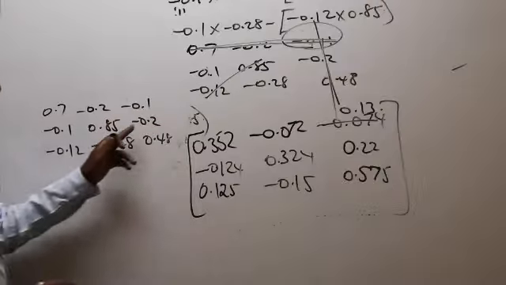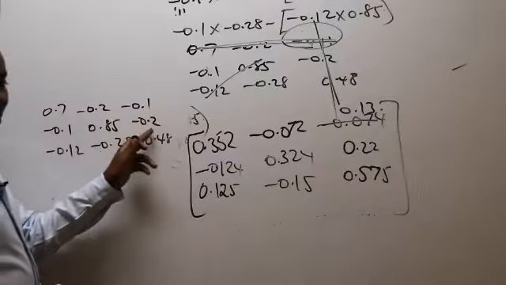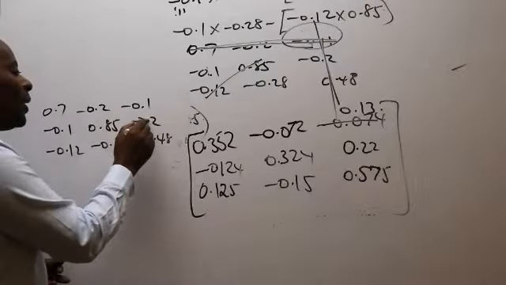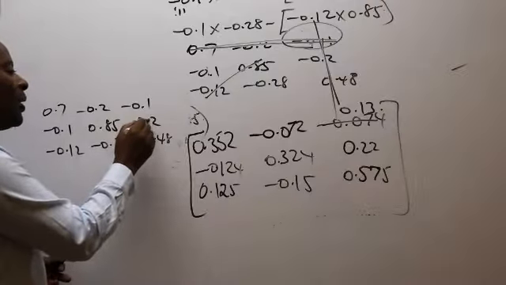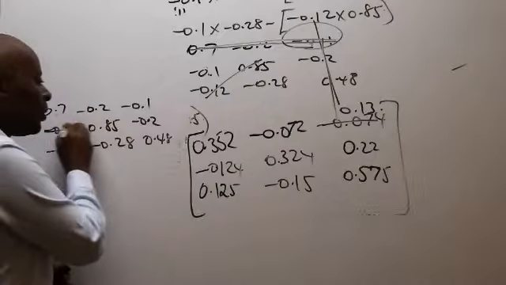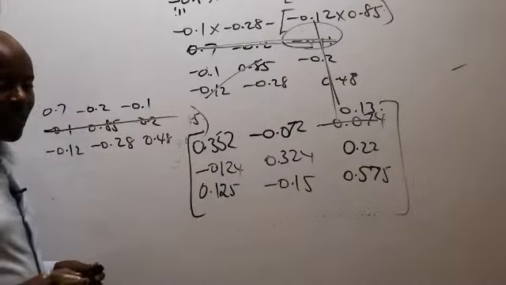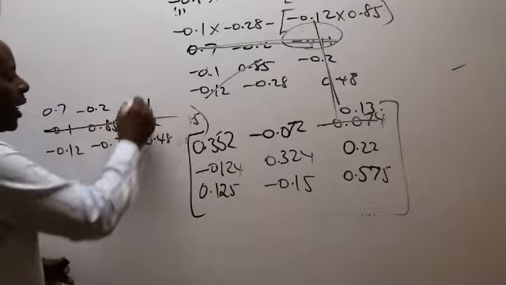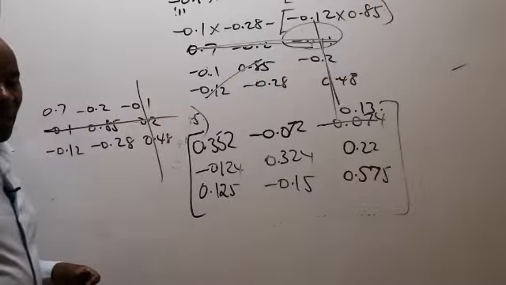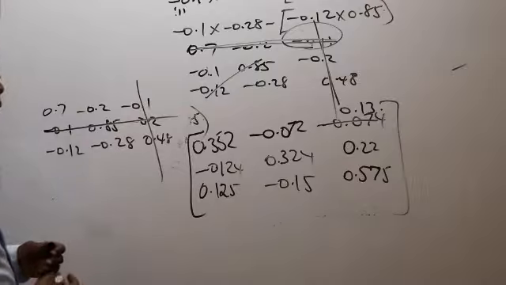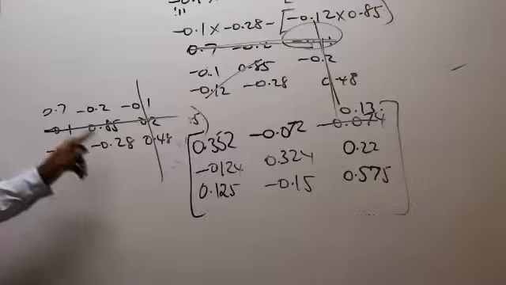So I would want to test this minus 6. I hide the row and the column like that, and then I'll be left with what here?